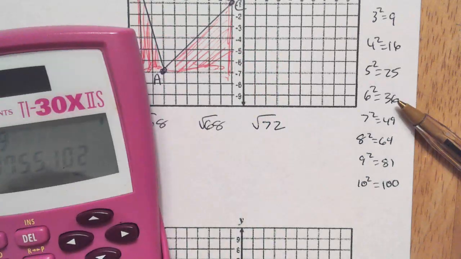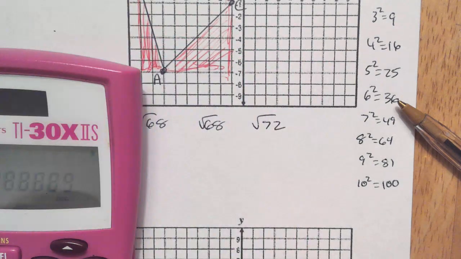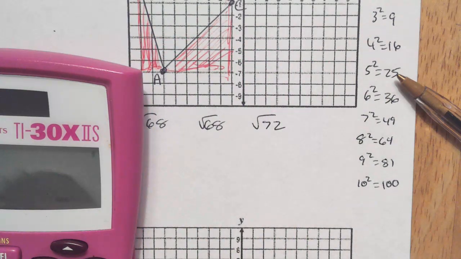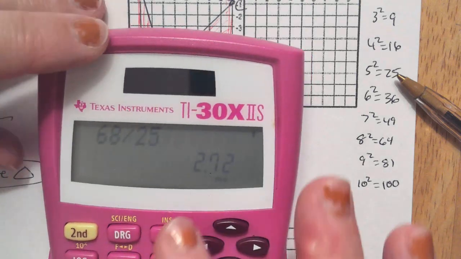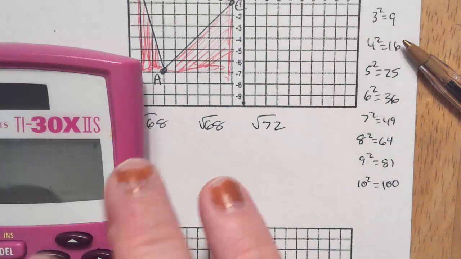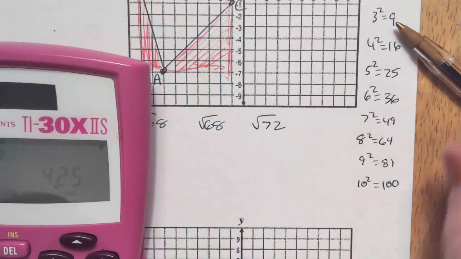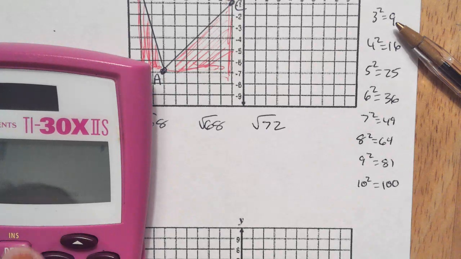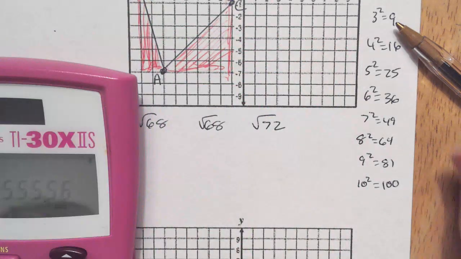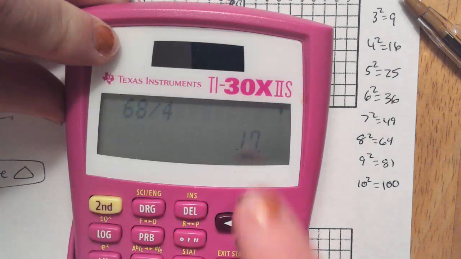Okay, let's try 36. 68 divided by 36. Nope, that doesn't work. How about 25? Nope, that's a prettier number, but it's still not a whole number. Okay, how about 16? 4.25. Nope. How about 9? Nope, that doesn't work. And finally, our only last chance is 4. So divide by 4. There it is.